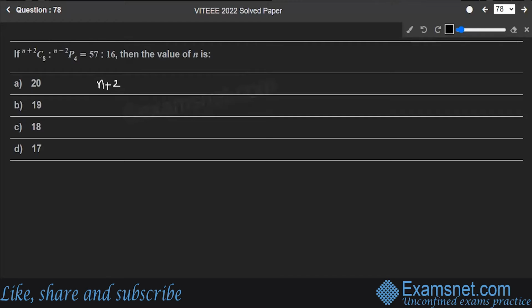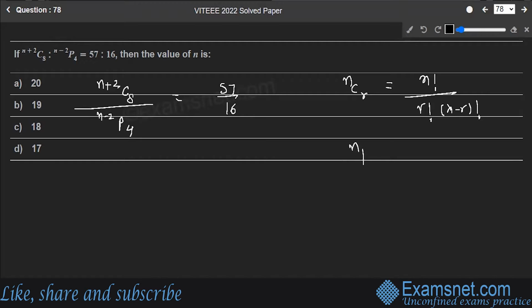You are given n plus 2 C8 over n minus 2 P4 is equal to 57 upon 16. This is given to you, right? One formula, let's discuss it before. NCR is given by n factorial upon r factorial into n minus r factorial. Similarly, NPR is given by n factorial upon n minus r factorial.